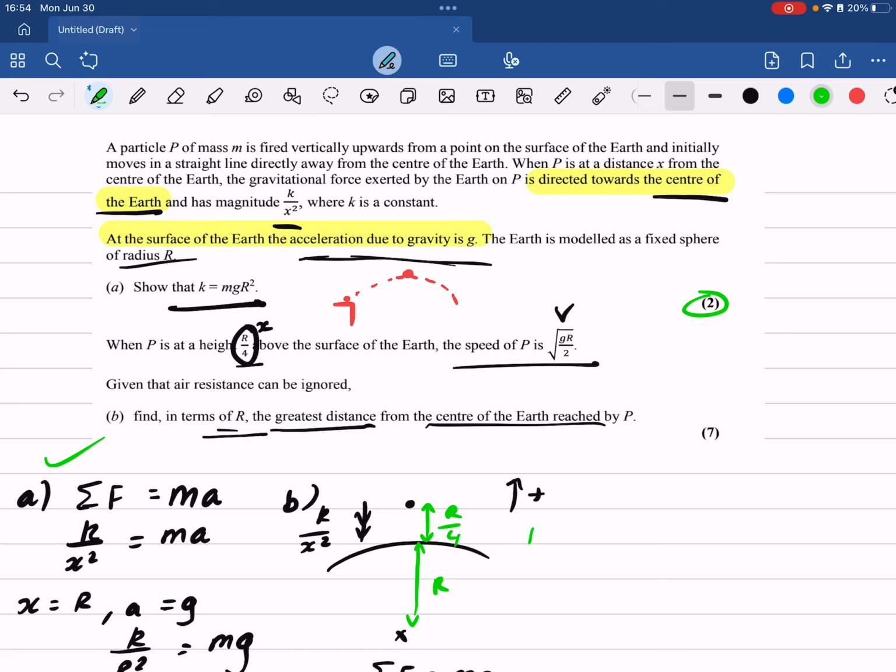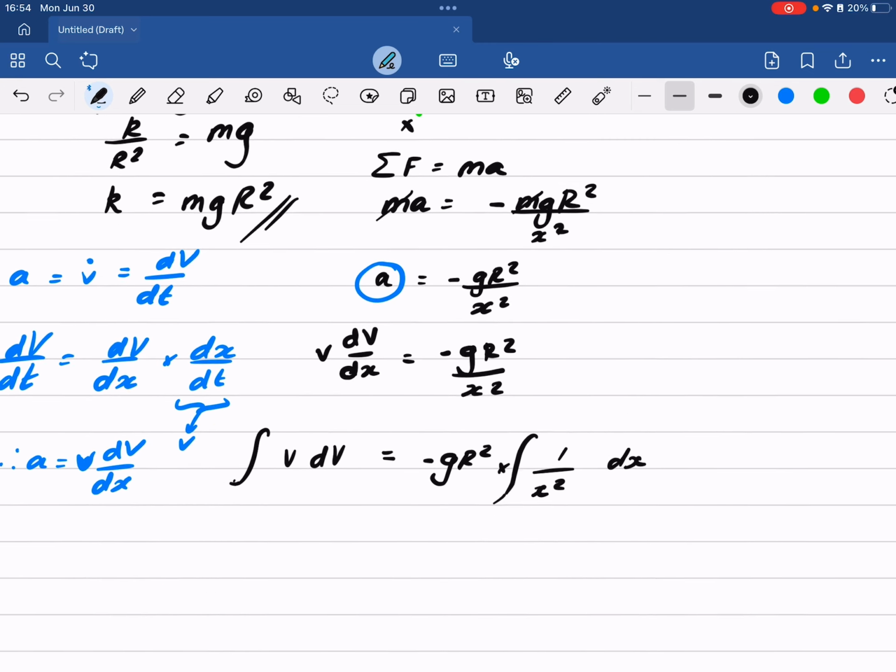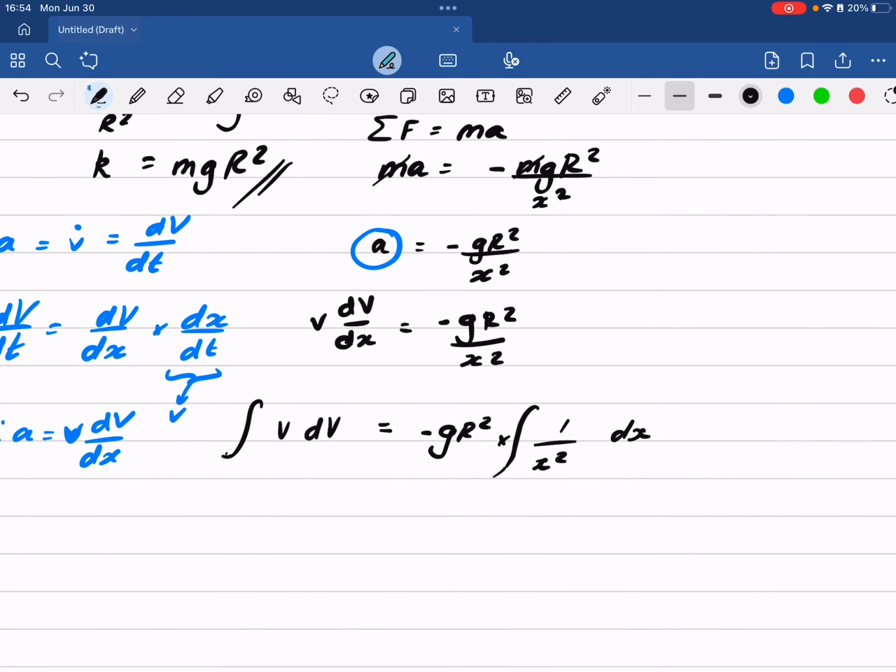So the total distance would be r plus r/4, which is equal to 5r/4. And when it's at a distance of 5r/4 from the center of the Earth, the speed is square root gr/2. So over here, square root gr/2, and the displacement at that point is 5r/4.